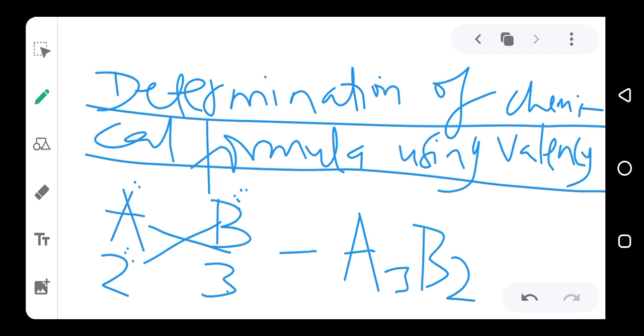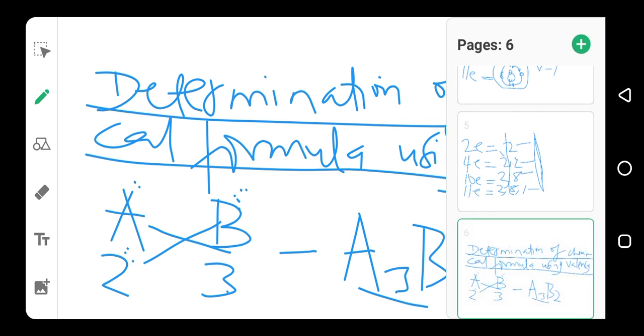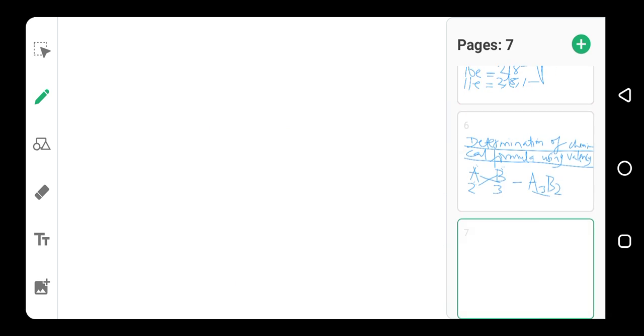So this becomes the formula of this compound, assuming that A and B are different elements. Example 2. Let's consider these elements.